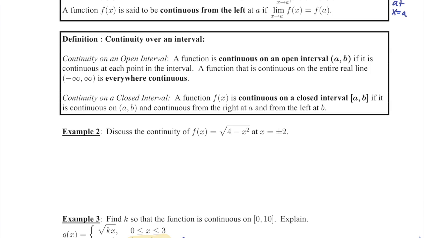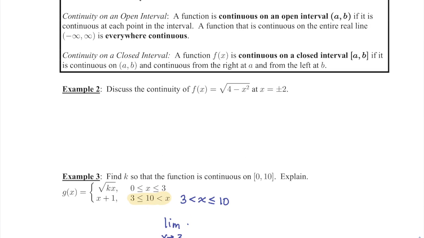Right? So if we're looking at the function f of x equals square root of 4 minus x squared, and we want to talk about the continuity for that at x equals 2 and negative 2, we would notice the domain for this function, we would need 4 minus x squared to be greater than or equal to 0.